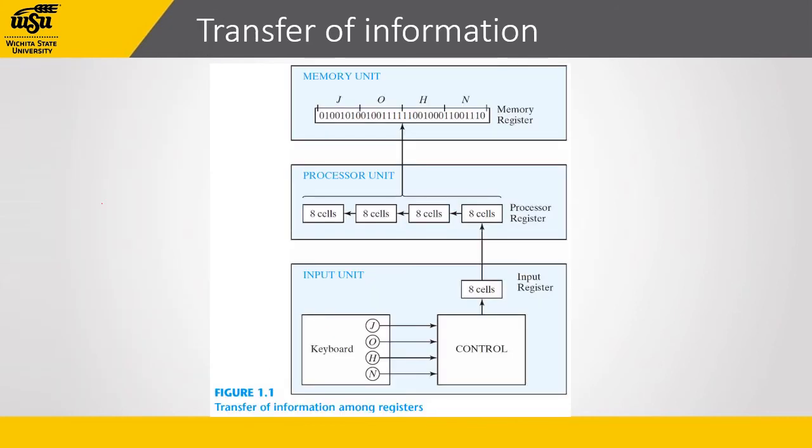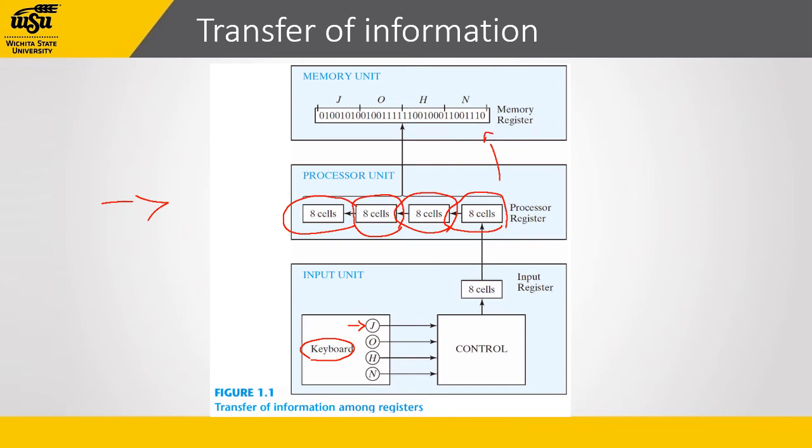This is an example of register transfer of information in computers. We have a keyboard that sends signals to the registers. It could be a key that is an input to the binary cells of each register, and they are sent to the memory unit to be stored in the memory register.